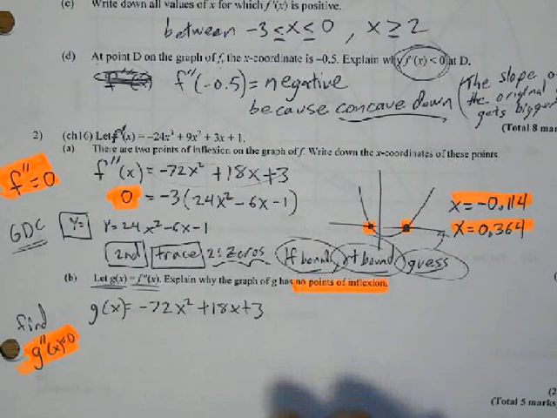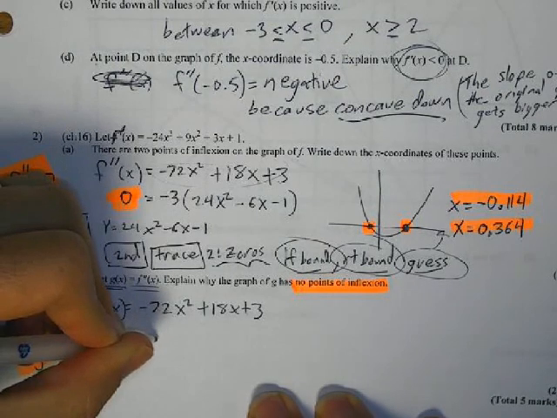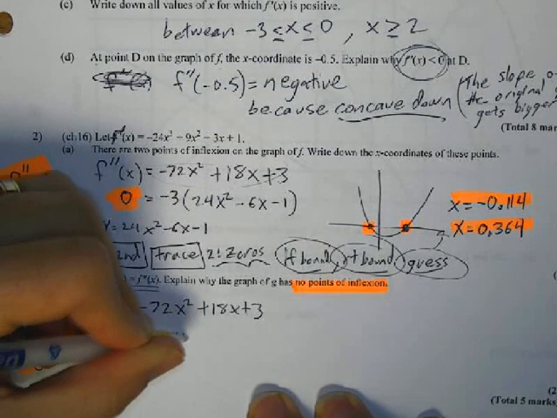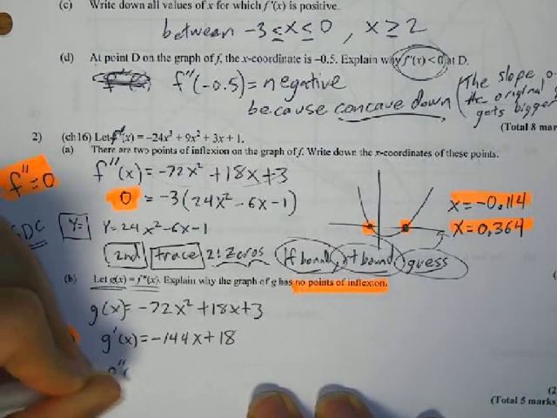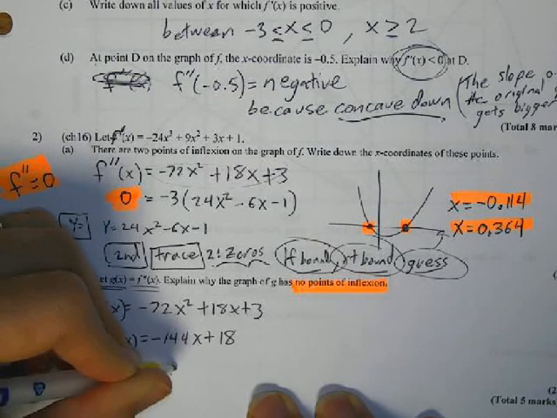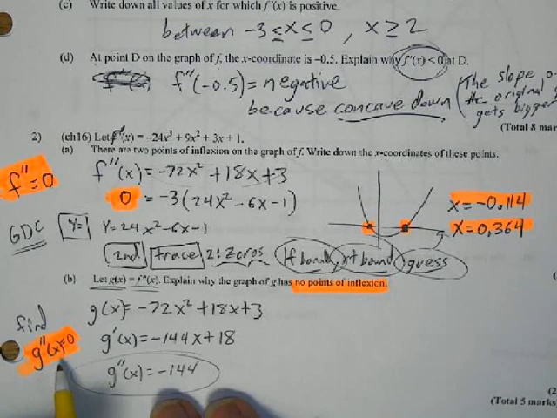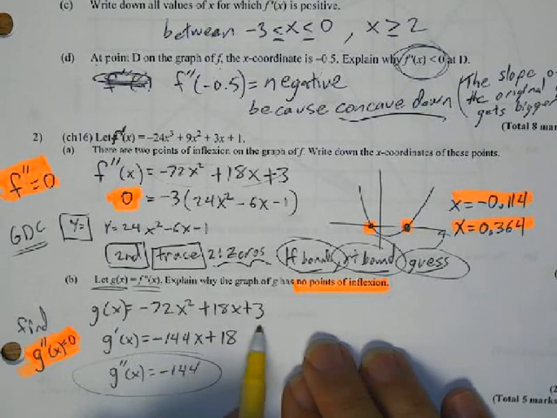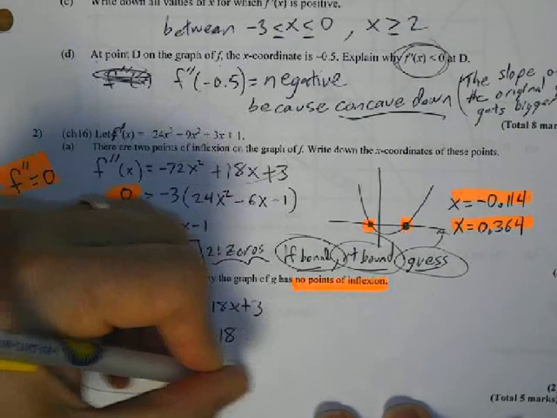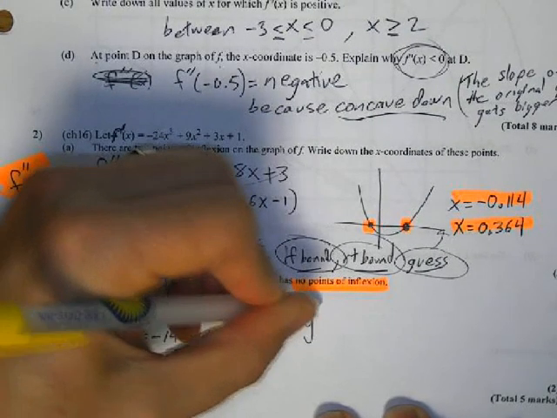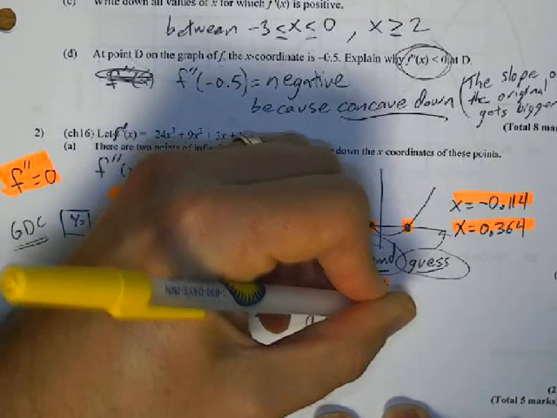Okay, so the first derivative of g of x is equal to negative 144x plus 18, and the second derivative of g of x is equal to negative 144. Okay, so we found the second derivative of g of x. And so why does it have no inflection point? Because the second derivative of g of x is never equal to 0.